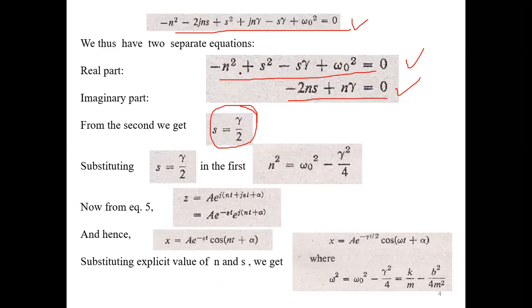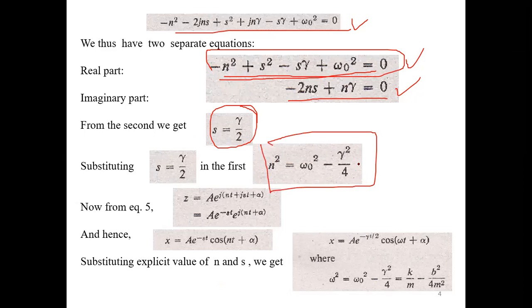And if you substitute the value of s in this equation, you can find that n squared will be omega naught squared minus gamma squared by 4. So you can see n has a dimension of omega. When the damping factor is 0, this omega becomes omega naught.